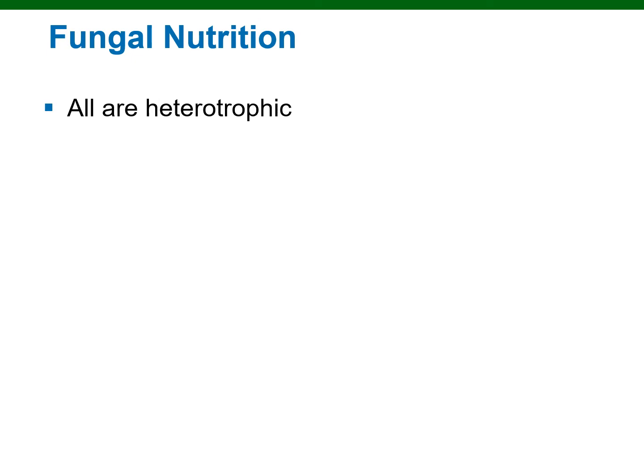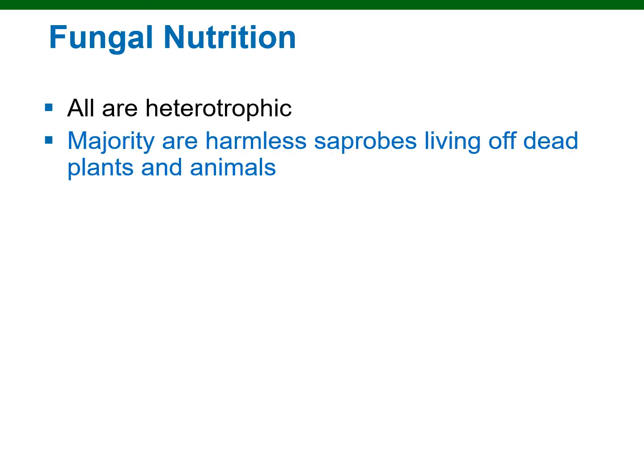Fungi are all said to be heterotrophic, as we know, and the majority are nature's recyclers. A technical term for these organisms is that they are saprobic, or that they are saprobes, which are microorganisms that live from the remains of dead plant or animal material or decaying materials.